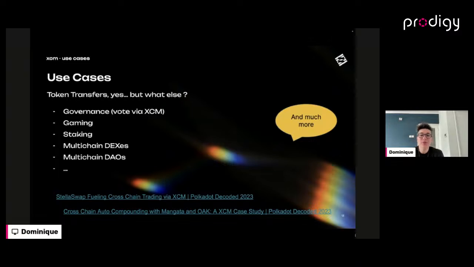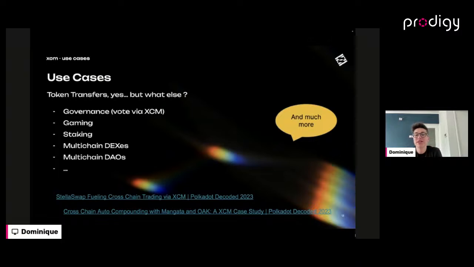So if you're more into DeFi and you're interested in building something like that, maybe you can get some inspiration. But as I said, the list is very long, with use cases for the near future or the mid-long term, but also use cases that are just ideas, just intentions to build something like that with XCM.